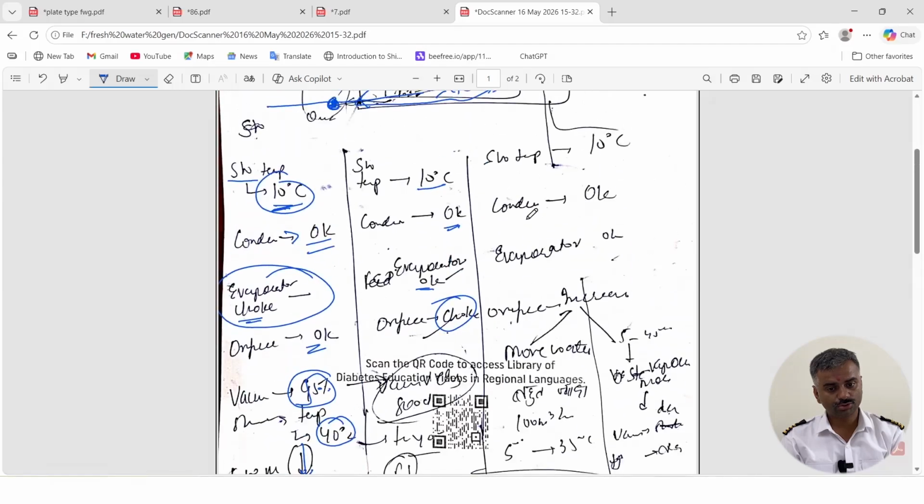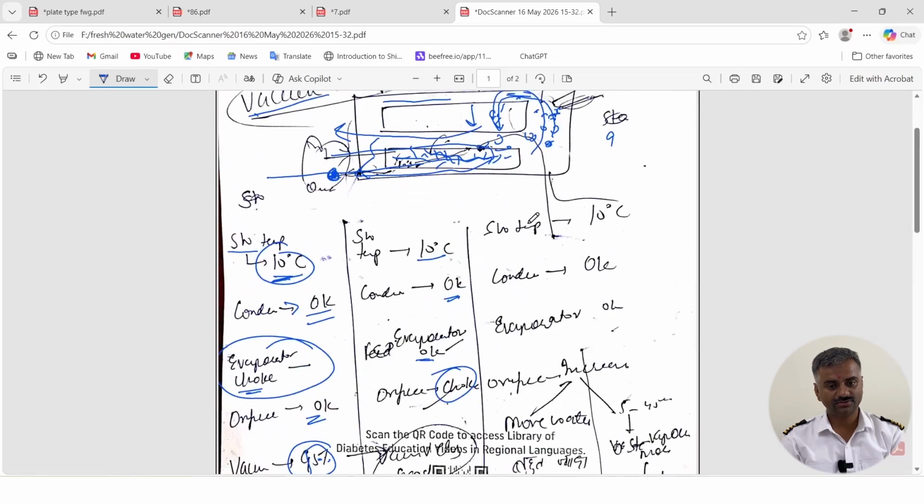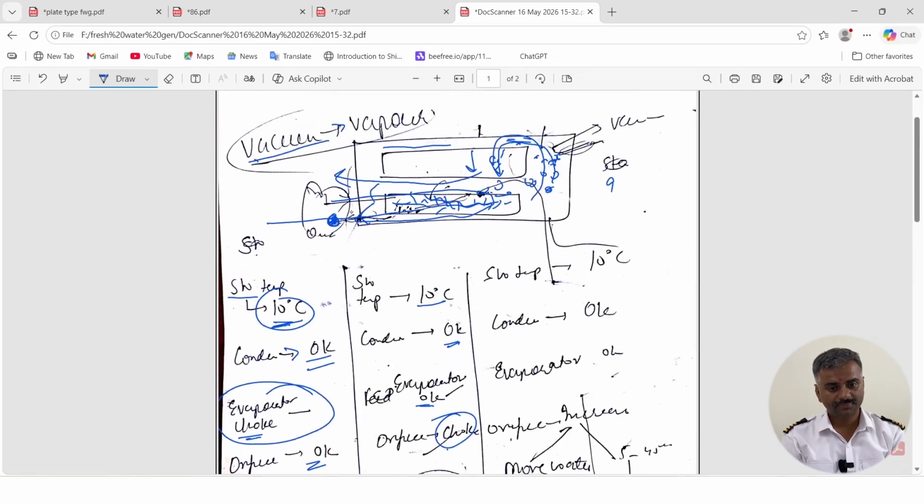In that case also the same thing will happen, because less water is going in, so your evaporator is able to evaporate whatever water is coming very easily. The water is going as vapors directly into the condenser, and the condenser is condensing everything. Vacuum remains unaffected, cell temperature remains unaffected, but production drops.